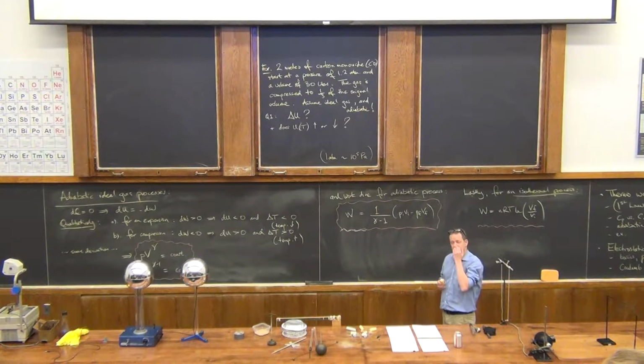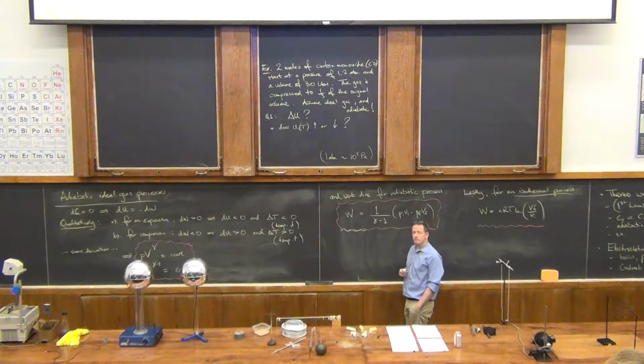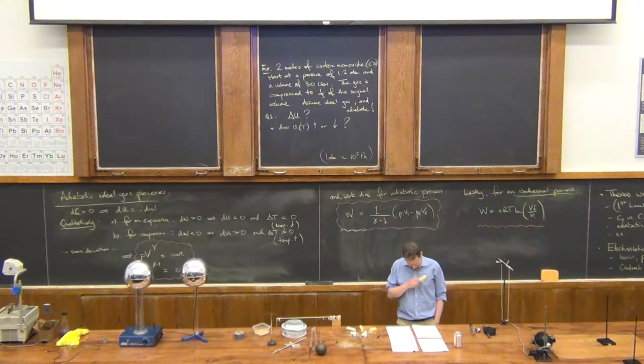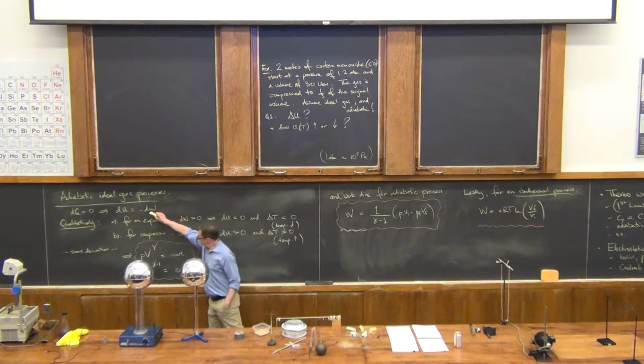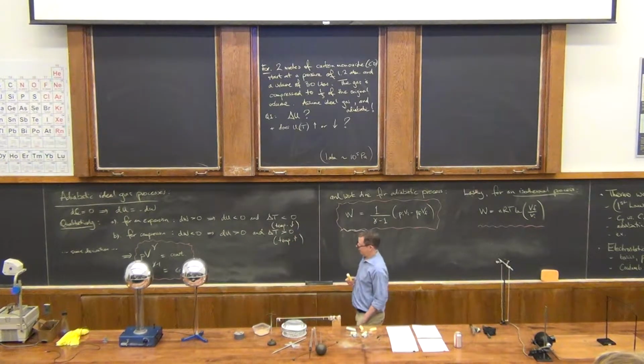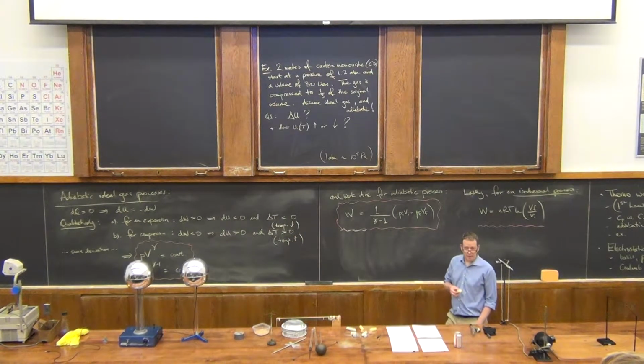Working backwards, we know that in an adiabatic process, negative delta U is equal to delta W. So there's our relationship relating internal energy and work done for an adiabatic process.